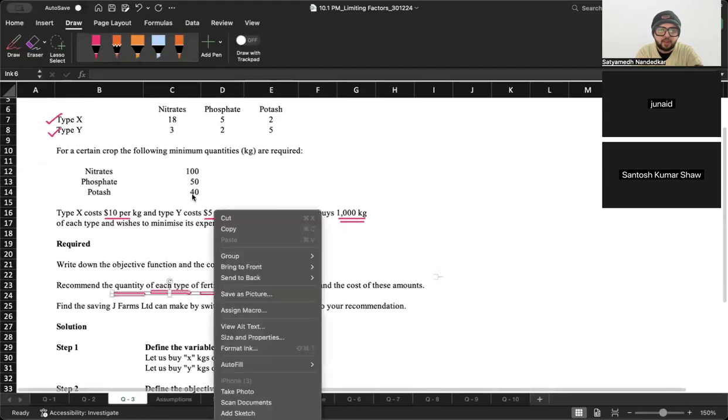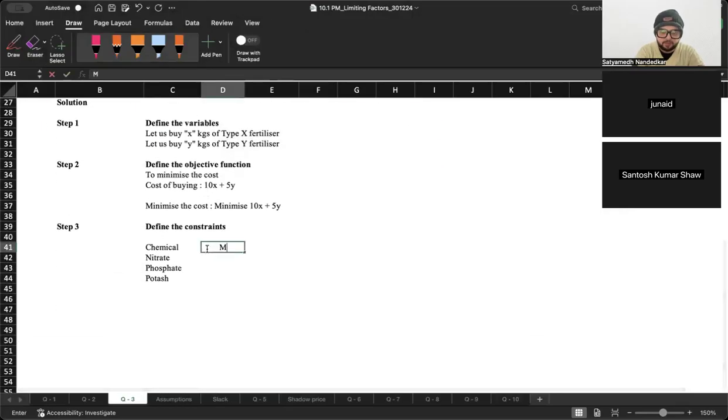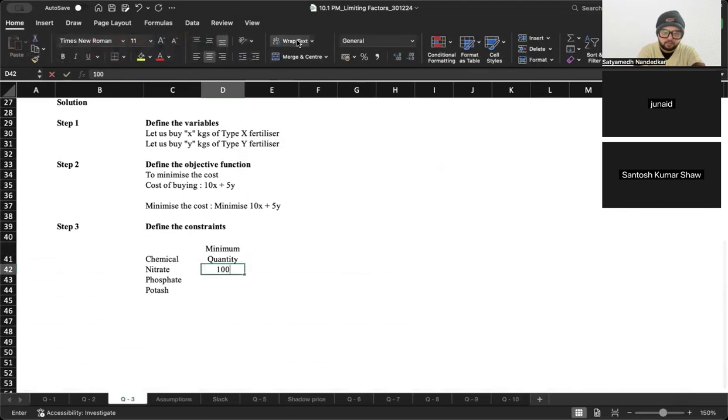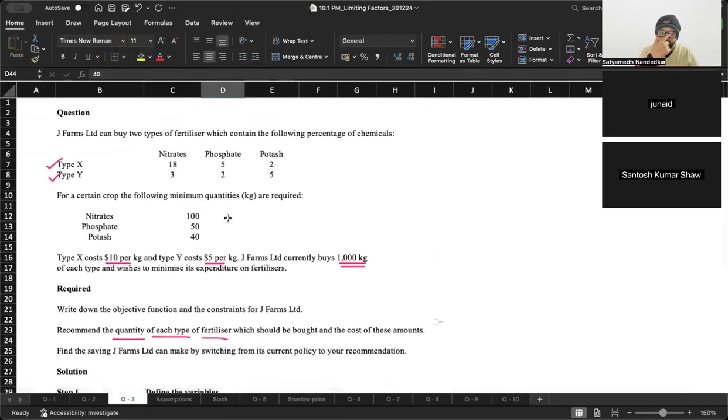Now, how much do you need? Minimum quantities are 100, 50 and 40. So let's write that down. Minimum quantity 100, 50 and 40. Okay. Now 1 kg.